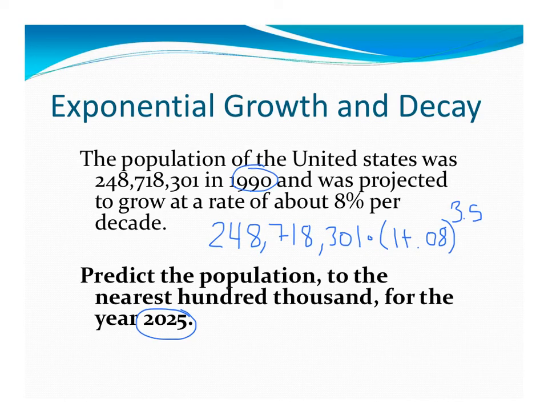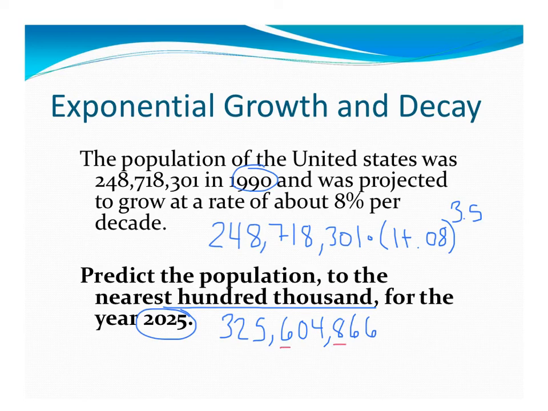So here's what my calculadora gives me. It's 325,604,866. Now remember, it said to the nearest 100,000, not 100,000th. So right here we have my hundreds place.